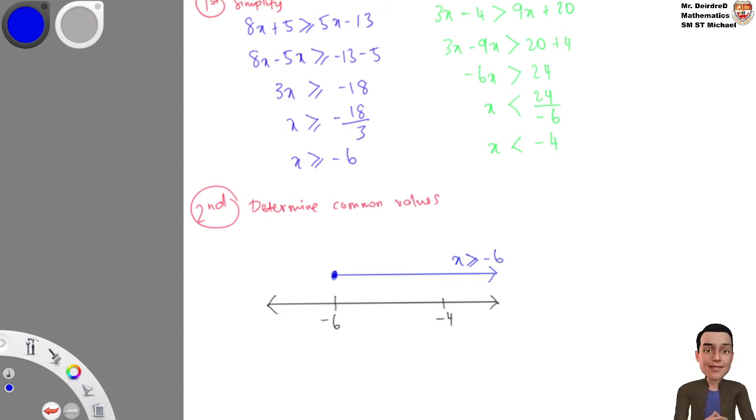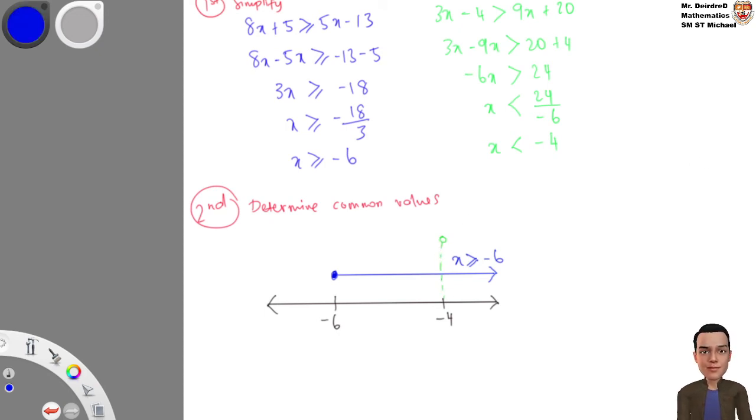And then we look at the second one. x less than negative 4. Since it is less than and not equal, it is just a circle, not in full color.